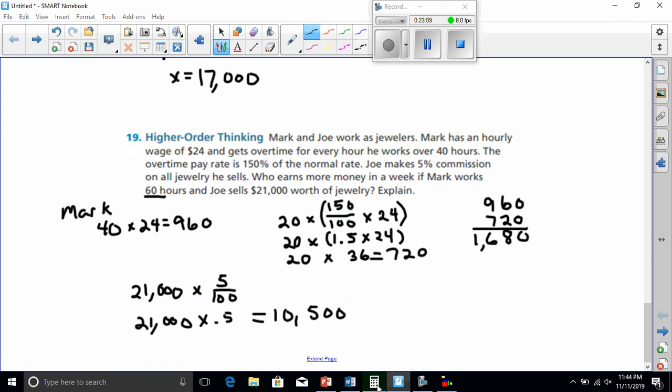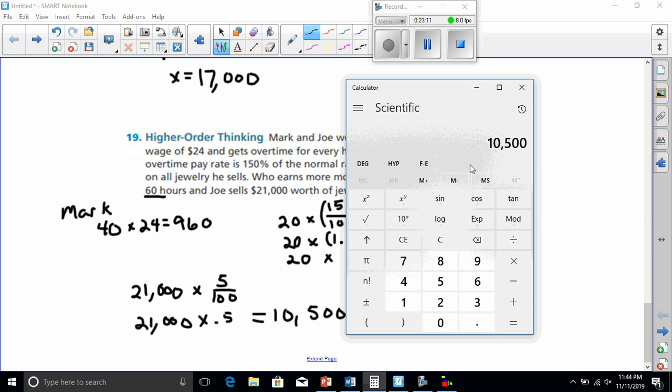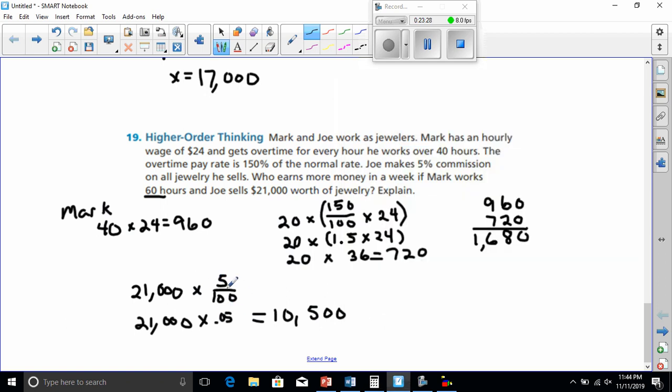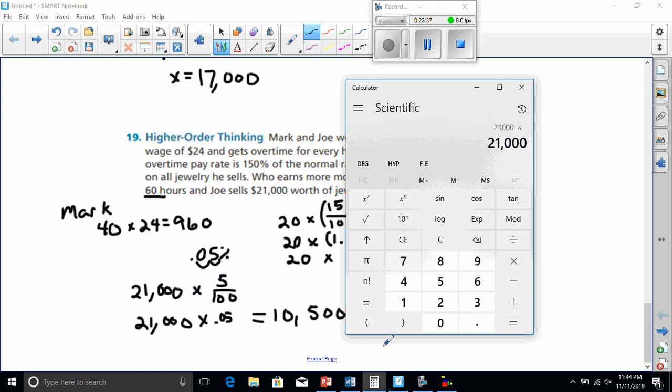Doesn't seem right. 10,500. Let me check that one more time and double check my work. 21,000 times 5% would be, I have to apologize, that's going to be 0.05. Remember, we have to move that decimal over twice. So it's going to be 0.05.